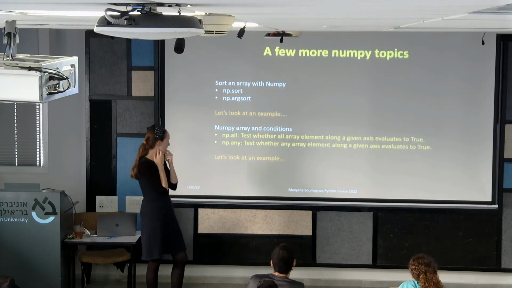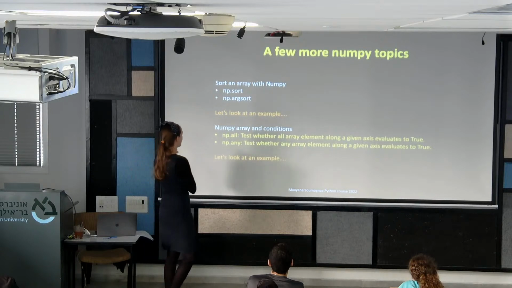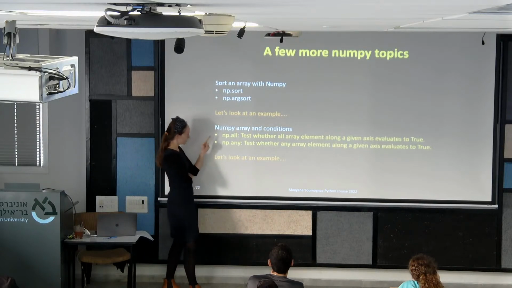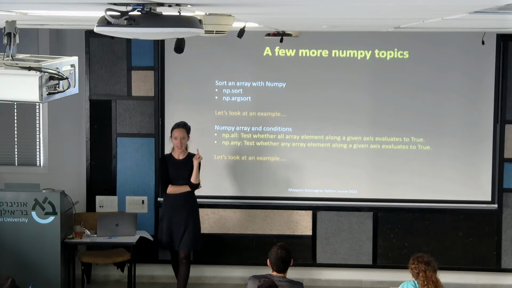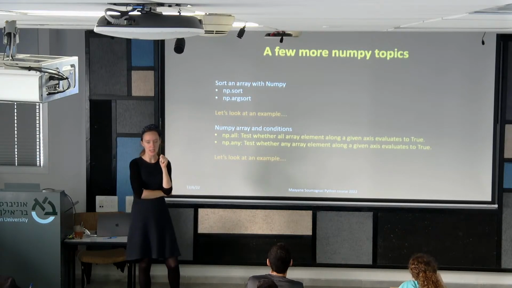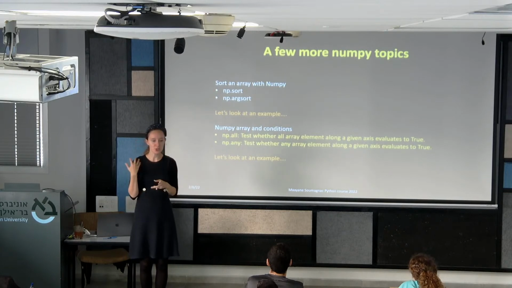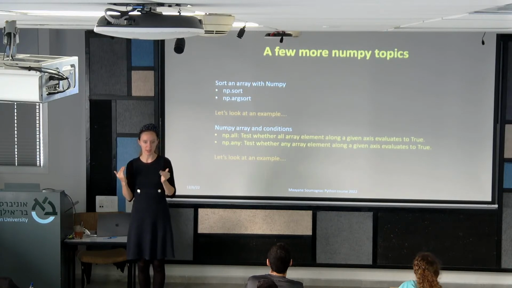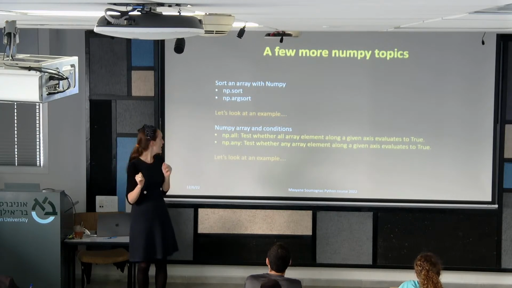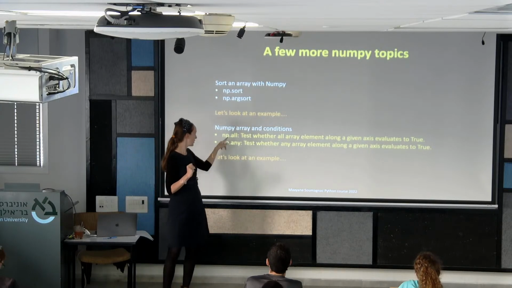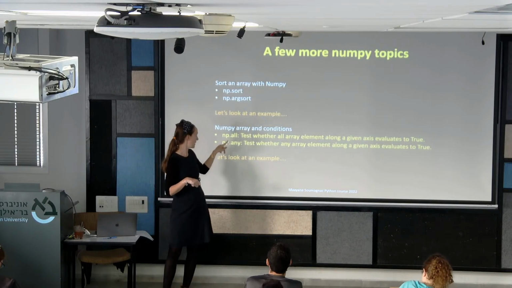So we'll talk a bit more about this today, and specifically I will introduce you to two functions, np.all and np.any. These two can be confusing. I'm showing you now the confusing NumPy stuff. This lecture could have been called NumPy, the tricky stuff. So we'll talk about np.all and np.any.